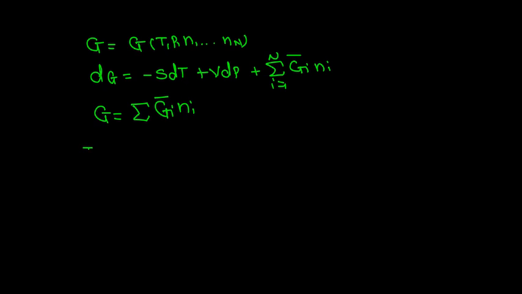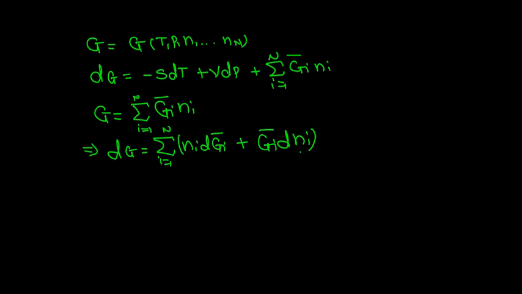By comparing these again to summation I equals 1 to capital N, Ni d Gi bar plus Gi bar dNi.